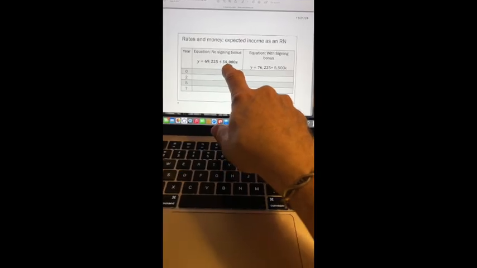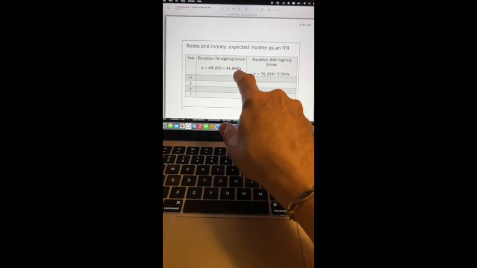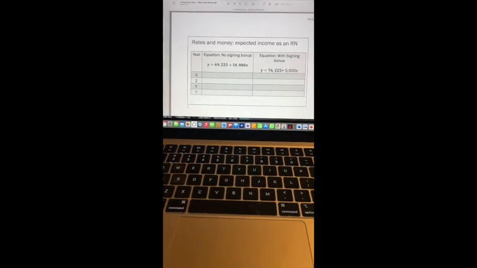Here's the equation. So 69225 is your starting salary, and 4,000 is the amount of raise you'll get every year. And because you get it every year, it's a variable, and the variables change. And what that means is that letter X stands for the number of years you've been working there.